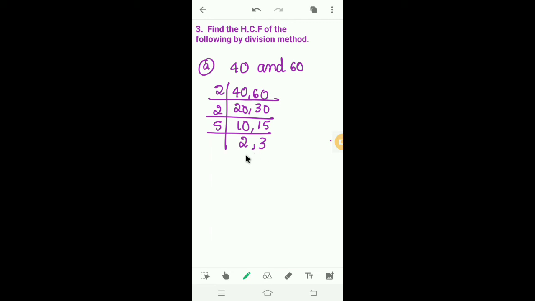Since there are no common factors to divide 2 and 3, we will stop here. Write the common factors in the left column and multiply them to get the HCF of 40 and 60. So HCF is equal to 2 into 2 into 5. 2 2s are 4. 4 5s are 20. So HCF of 40 and 60 is 20.